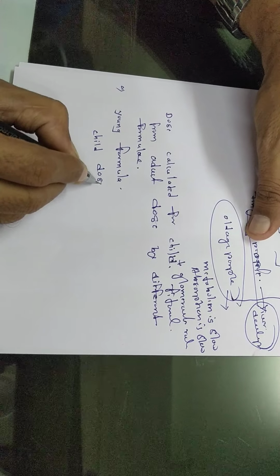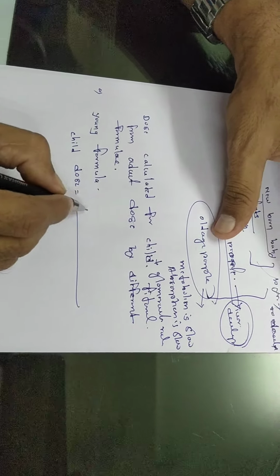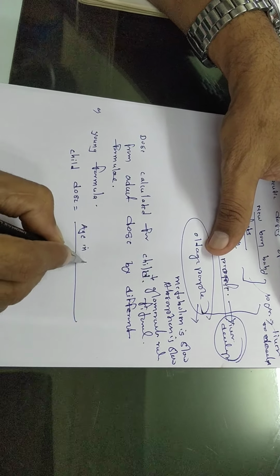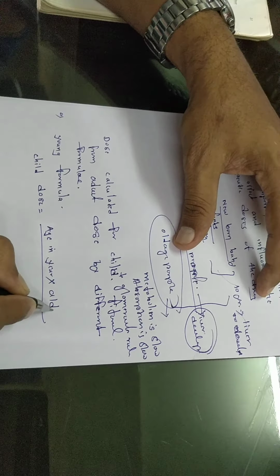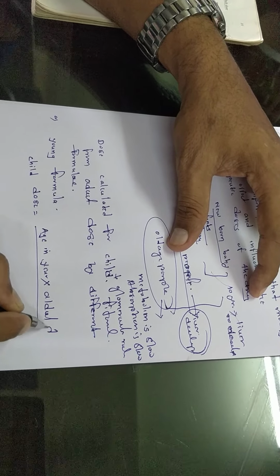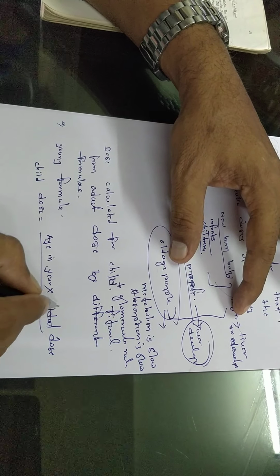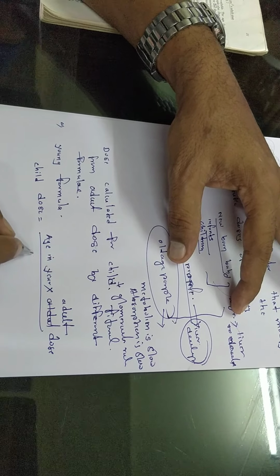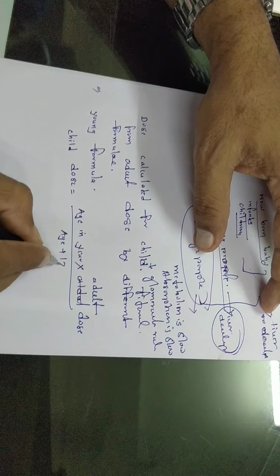Child dose is equal to the ratio between age in years into adult dose, divided by age plus 12.